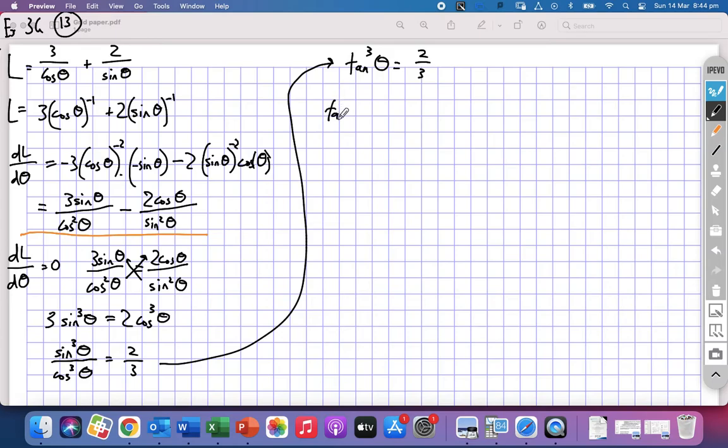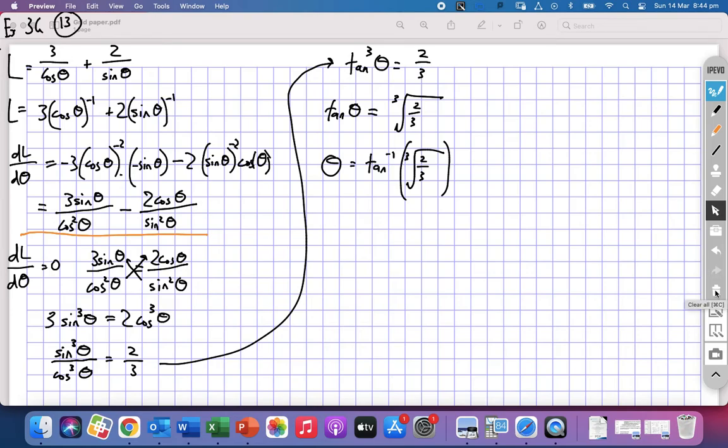Tan theta equals cube root 2/3, theta equals arctan cube root 2/3. Hopefully I can remember that, because I now need a calculator for that one.